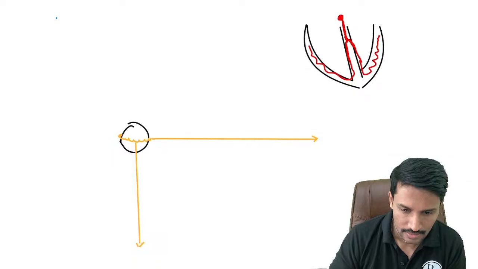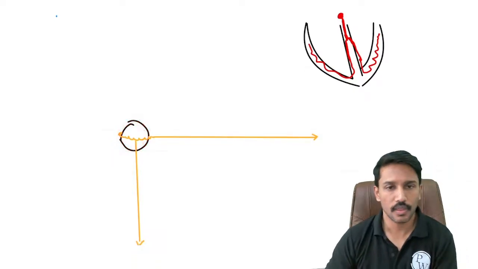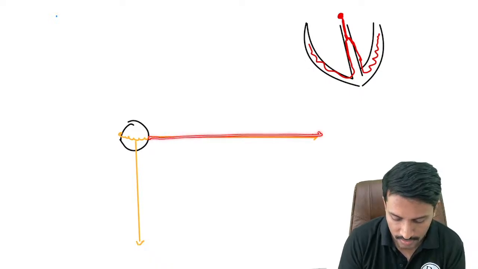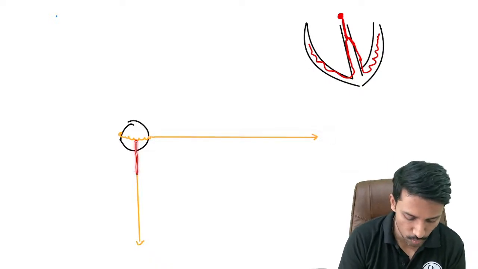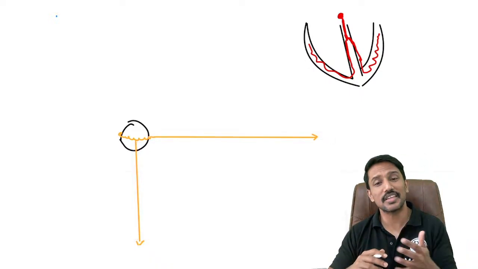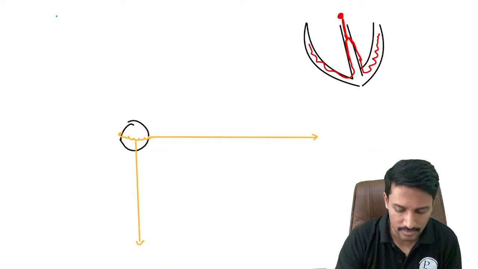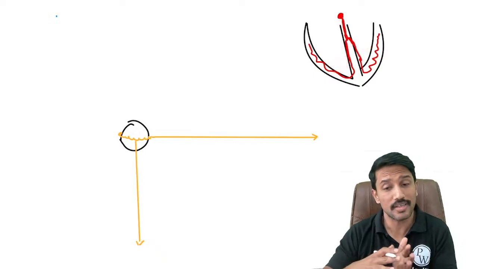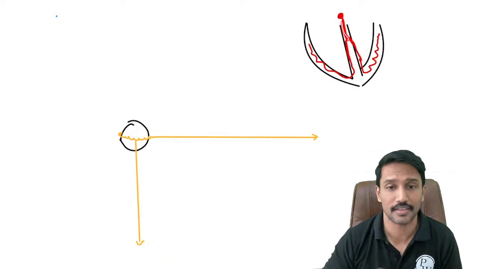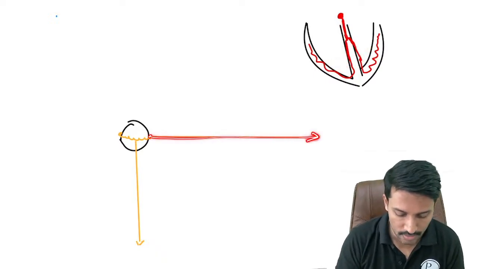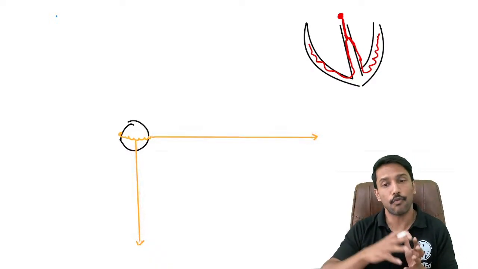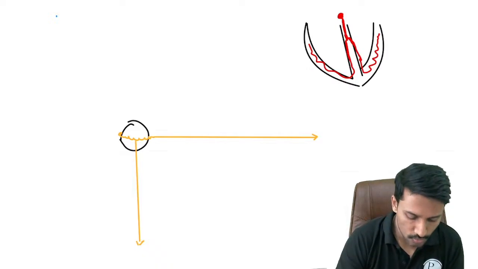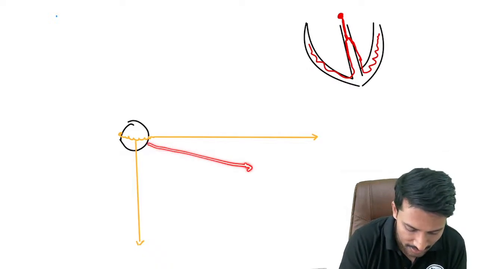For example, let us say this is a stone. Okay, and we have tied a rope to the stone and one person is pulling in this direction, another person is pulling in this direction. So in which direction the stone is going to move? Like heart, electricity is moving to the right ventricle, it is moving to the left ventricle. So what is the net direction of the flow of electricity? The stone is going to move in this direction as well as this direction.